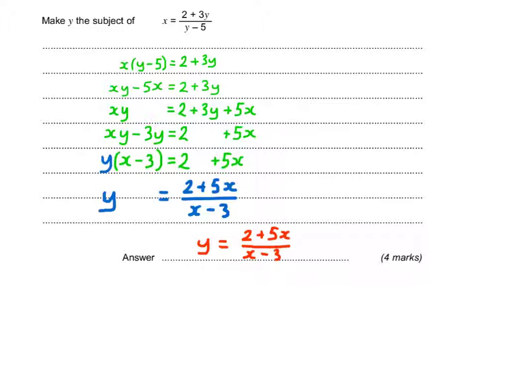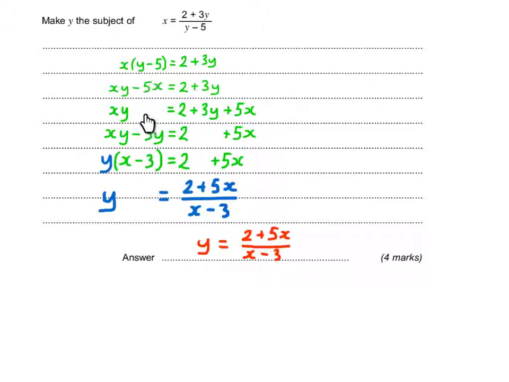Multiplying the bracket out, x times y is xy, x times minus 5 is minus 5x. So xy minus 5x equals 2 plus 3y. I'm trying to make y the subject, so I want all the things with y on the same side. At the moment I've got xy minus 5x, so I'd like to get rid of the thing that doesn't have y in it.